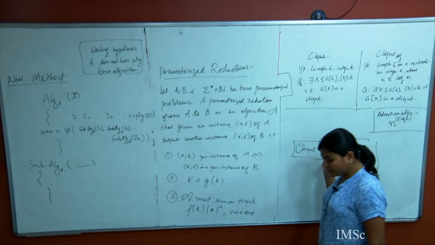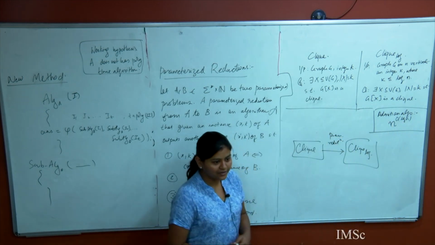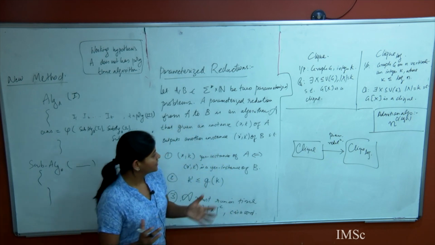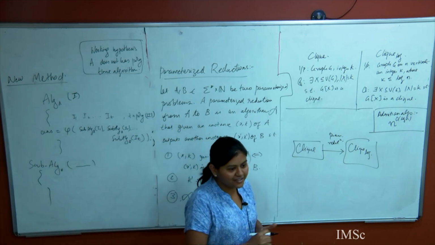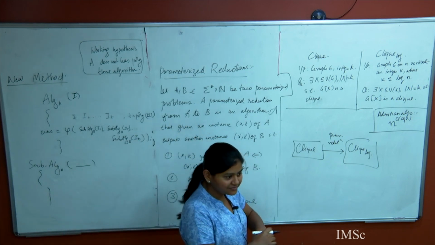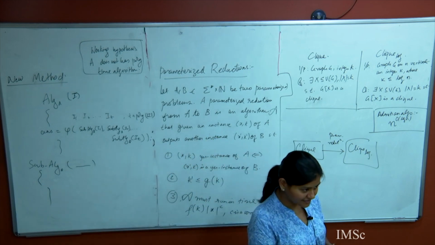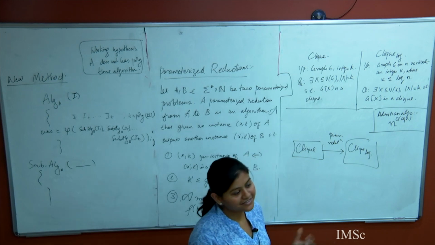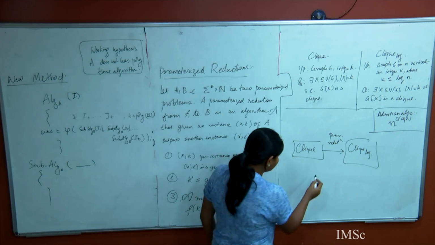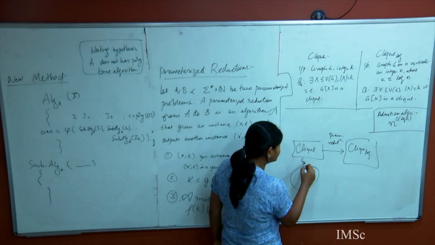Let us give a reduction from Clique to Clique log. So any suggestions? It's not very difficult. Exactly. Right. So we are given an instance G comma k.